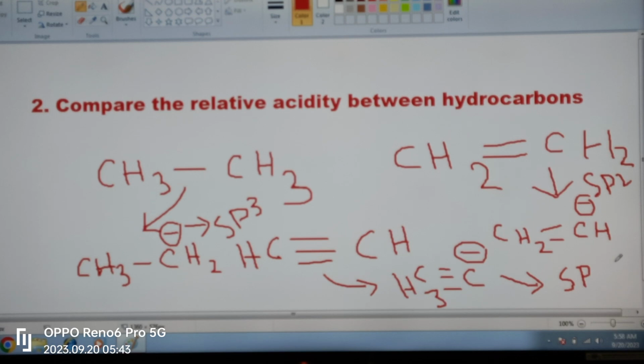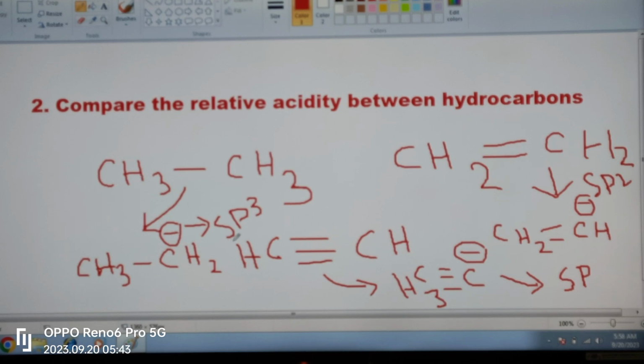So higher the stability of the conjugate base, higher is the acidity. So the hydrogen in alkyne, that is the terminal alkyne, will be more acidic compared to ethylene and compared to ethane.